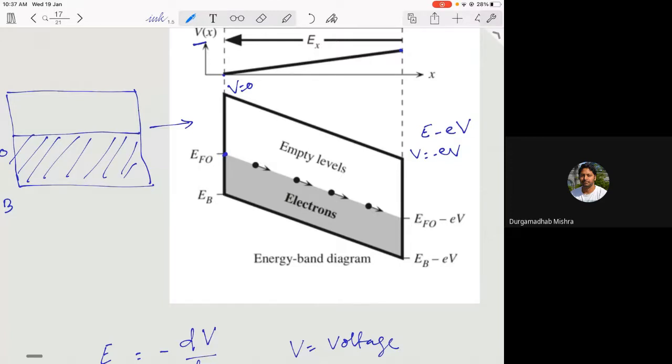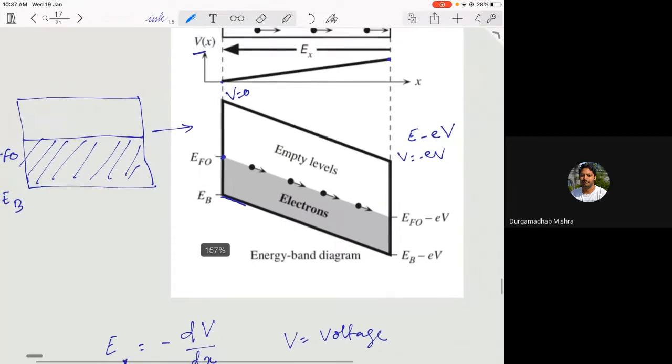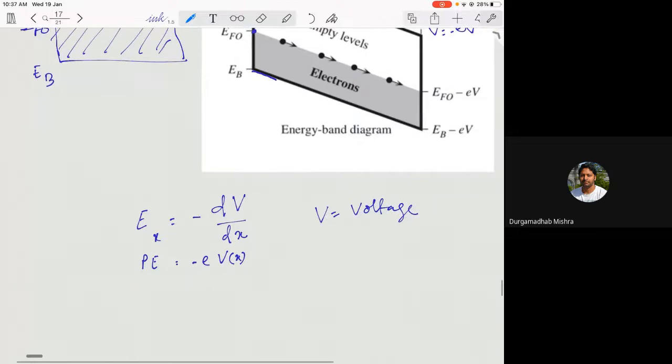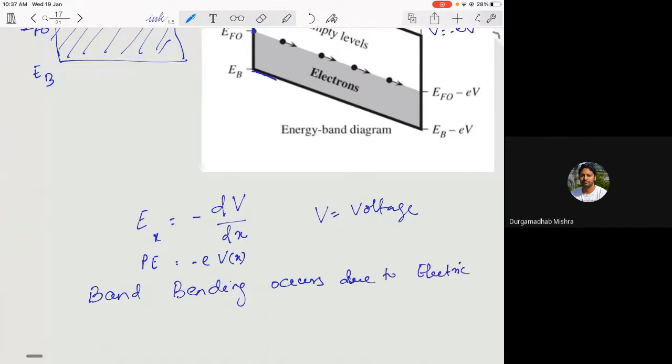So all the levels will bend, and this is known as band bending. Band bending occurs due to the electric field Ex.